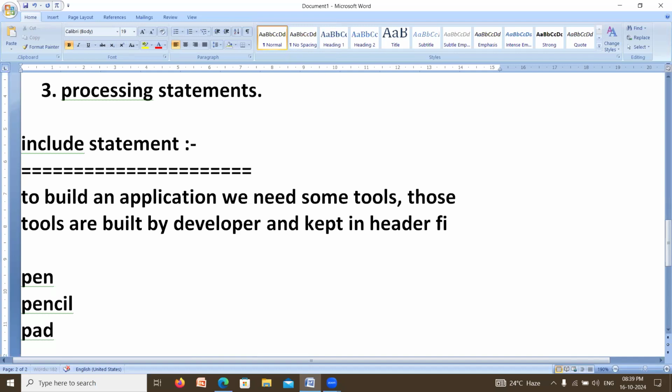Which file? The header file called stdio.h. stdio means, std means standard, IO means input and output. The functions required to perform input and output are available in this header file.